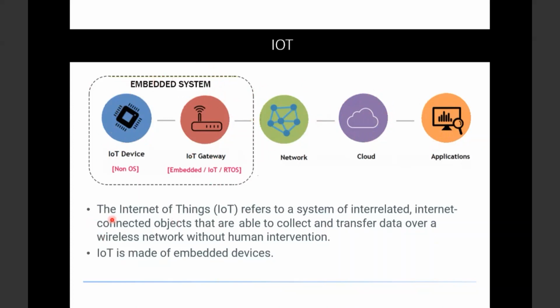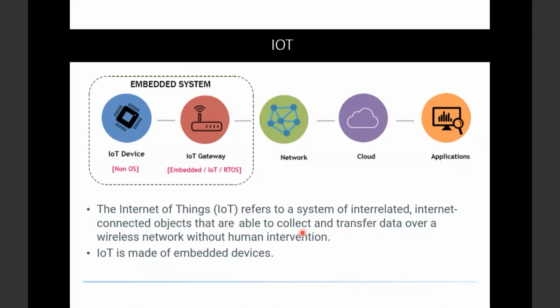The Internet of Things, or IoT, refers to a system of interrelated internet-connected objects that are able to collect and transfer data over a wireless network without human intervention. Previously, without IoT, to switch on your aircon at home, you needed to go to your home and press the switch.